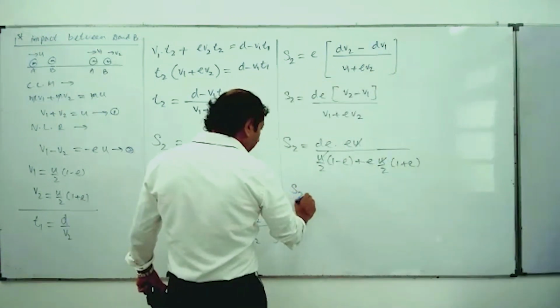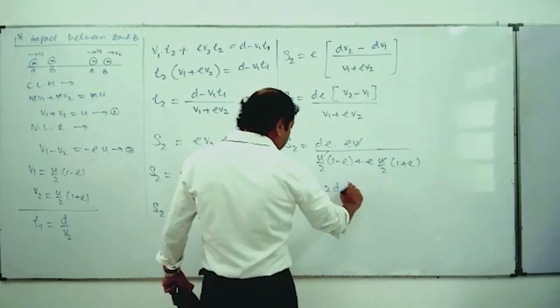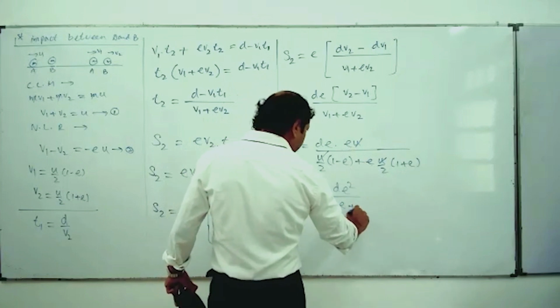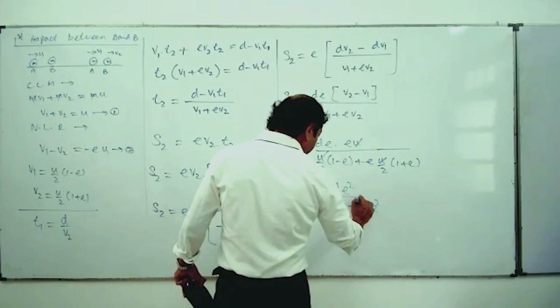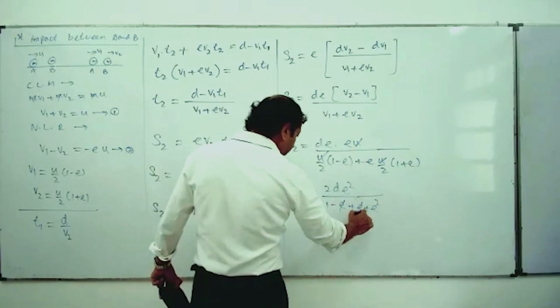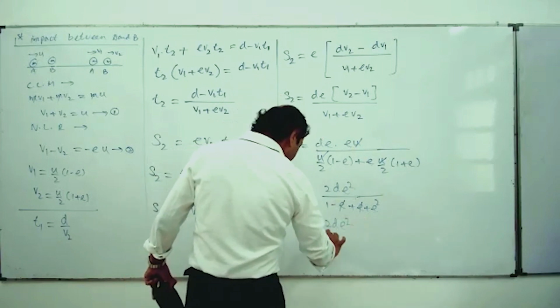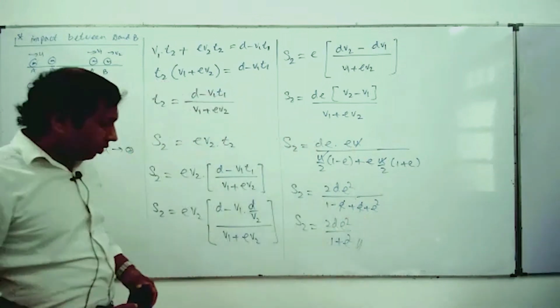Then this 2 we can bring to the numerator: 2D E squared coming here, 1 minus E plus E times E plus E squared, no? Minus E plus E you can cancel down. This 2 comes as 2D E squared divided by 1 plus E squared, no? This is how we take it down.